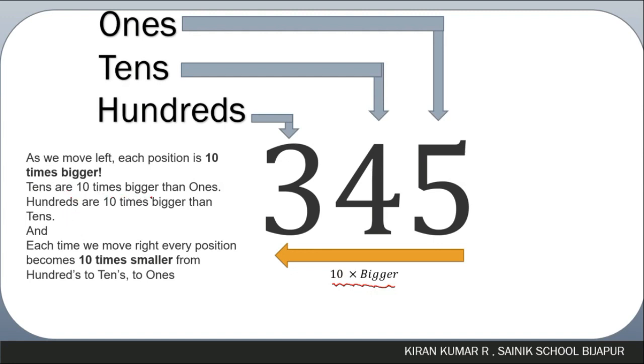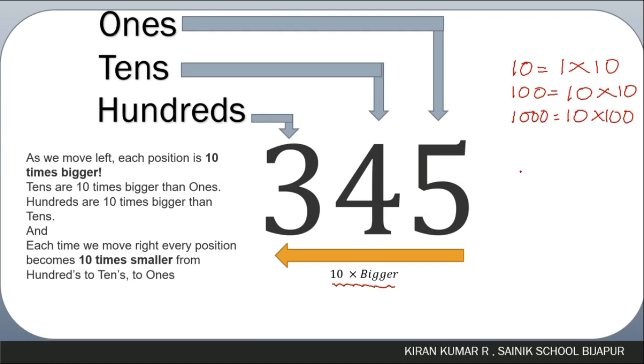Tens are 10 times bigger than ones, that is, 10 is 1 into 10. Hundreds are 10 times tens. Same way, thousands will be 10 times 100. So each time you move towards the left, the value of the place increases by 10 times. It becomes 10 times bigger.